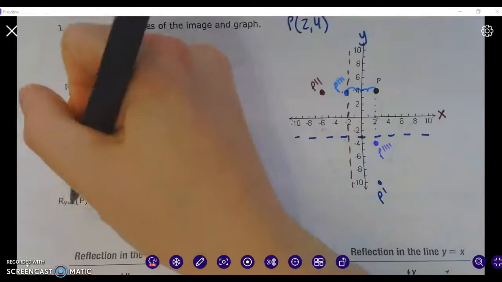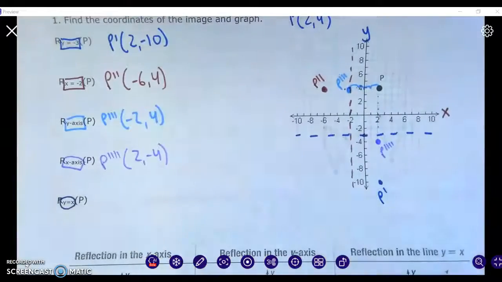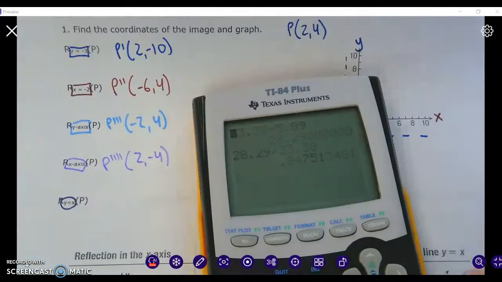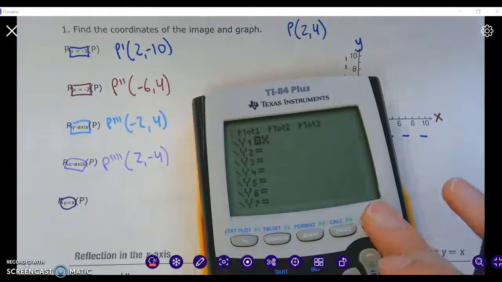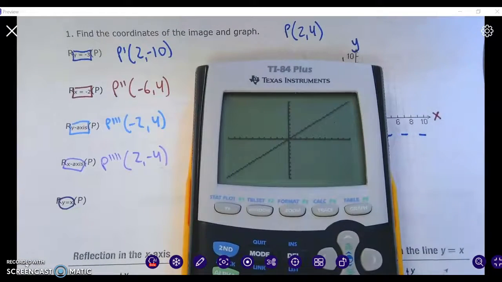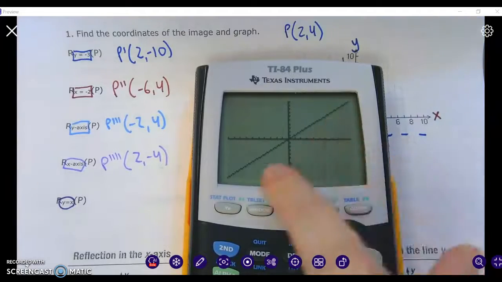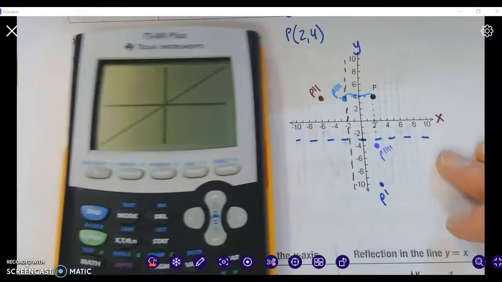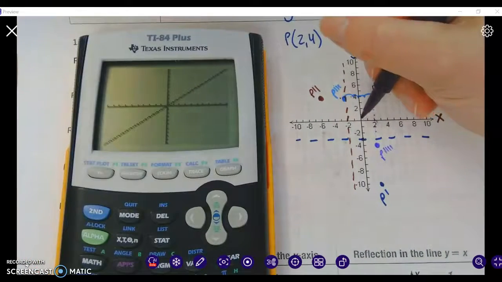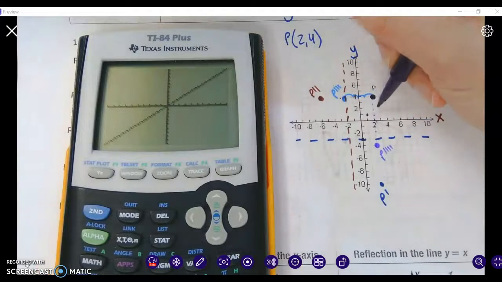Okay, this last line of reflection is at y equals x. Here's your reminder as to what y equals x looks like. So we need to graph this line on our graph. Start at the origin, count up 1 over 1.